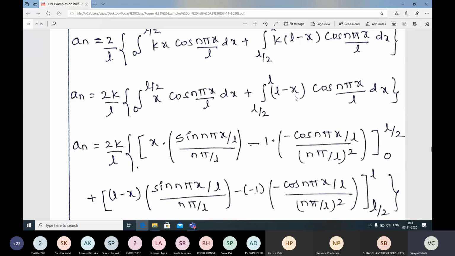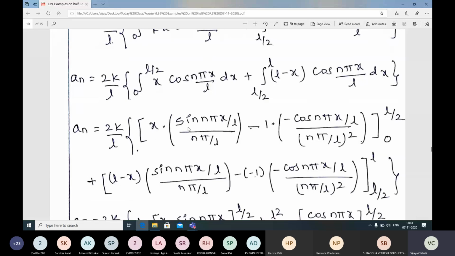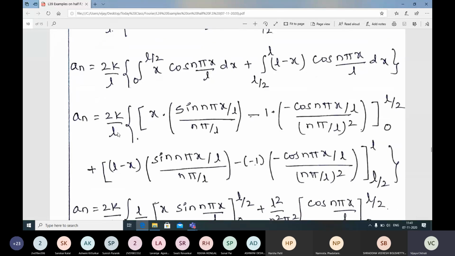And here first function is L minus x and this is u, and second function cos n pi x by L, take this as a v. Apply generalized Bernoulli's rule, integration by parts. So 2k by L, there is no change as it is. Now applying generalized Bernoulli's rule, integration by parts to this.